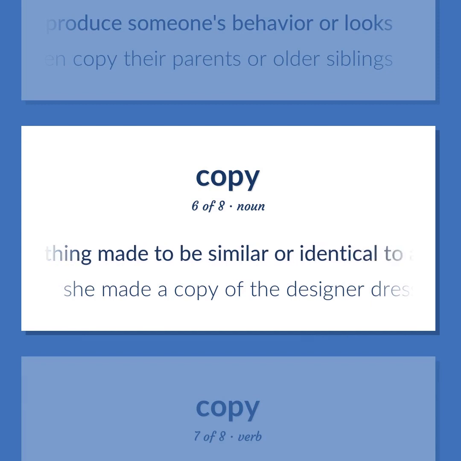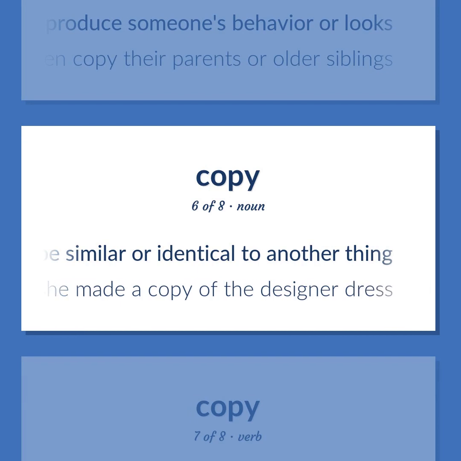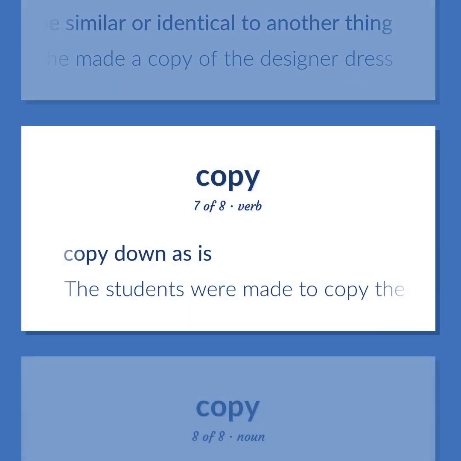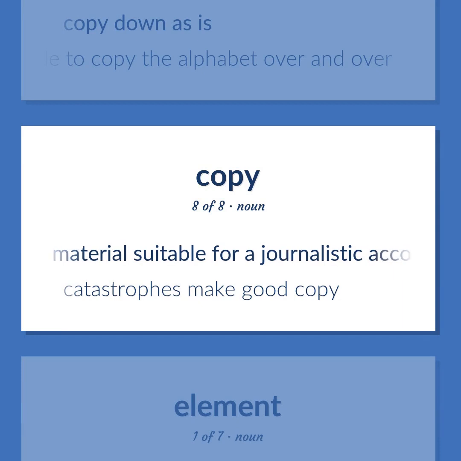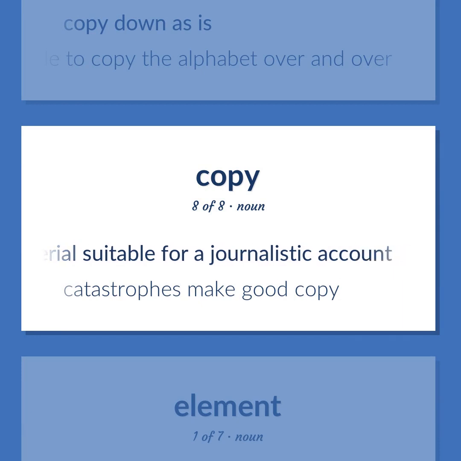A thing made to be similar or identical to another thing. She made a copy of the designer dress. Copy down as is. The students were made to copy the alphabet over and over. Material suitable for a journalistic account. Catastrophes make good copy.